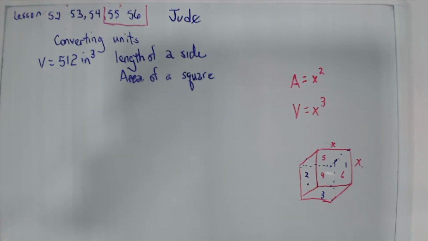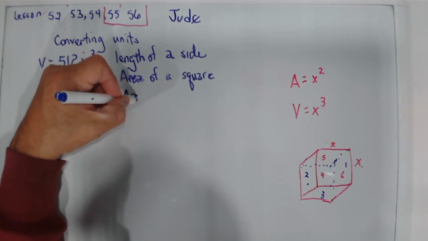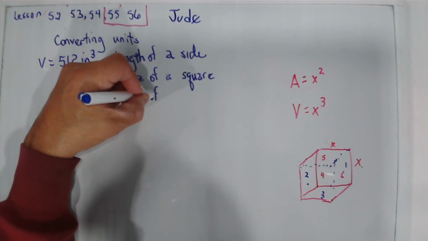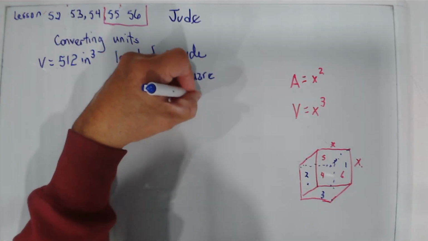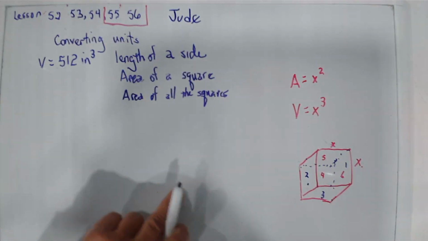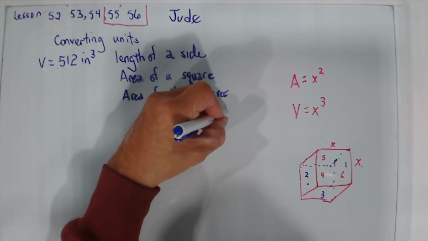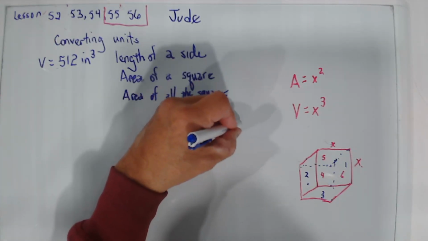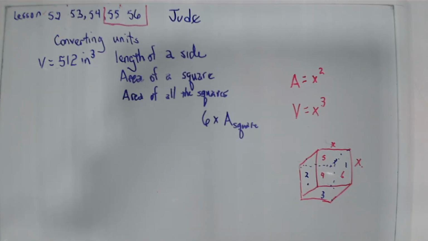Now, what happens if I want to find the area of all the squares? Well, that would be 6 times the area of a square. So that's what we would end up doing.